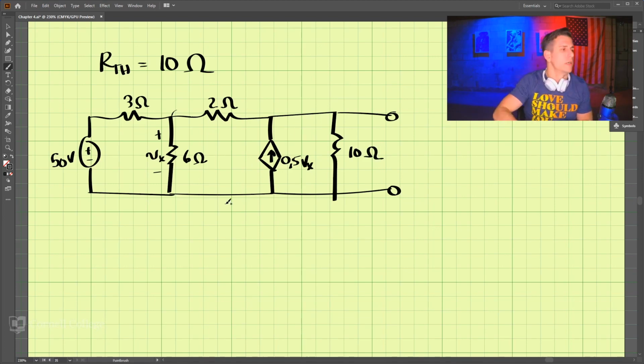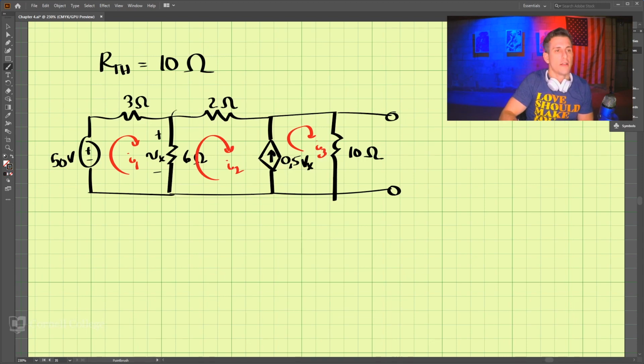Okay, so let's solve this problem with mesh analysis. I'm going to draw, we'll call these I1 and I2, and lastly I3.